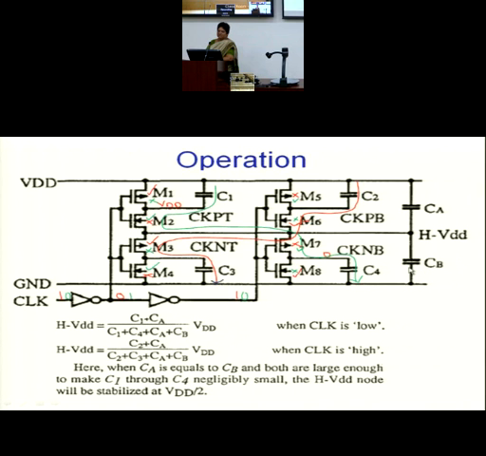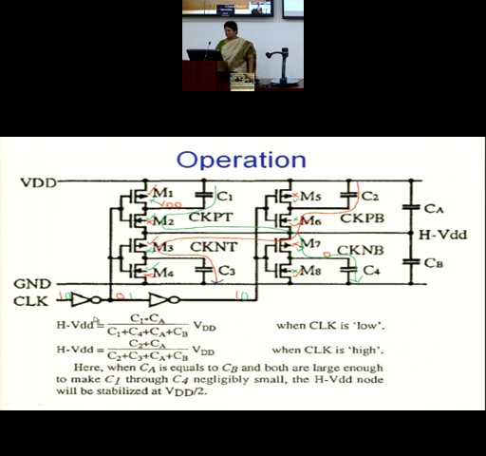So, using a capacitor divider relationship, you will have a transient current flowing, and the node voltage will charge to a value given by this expression. Now, I want this point to be half VDD value.